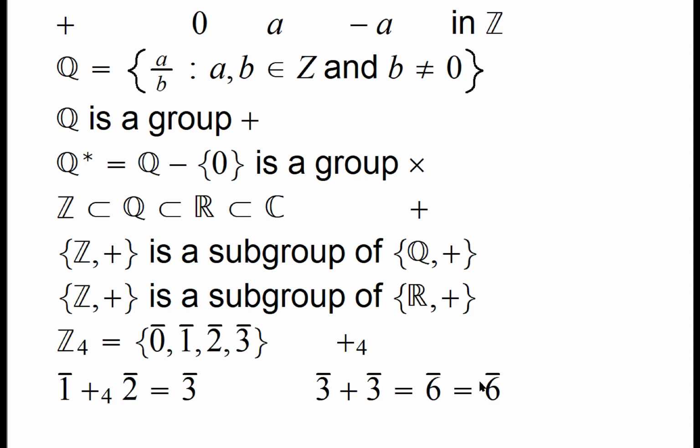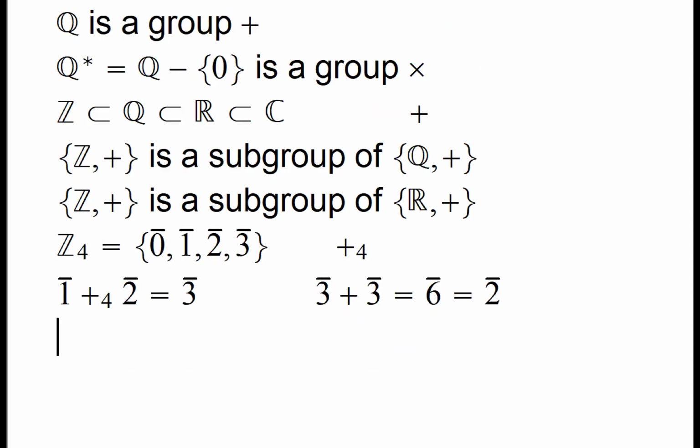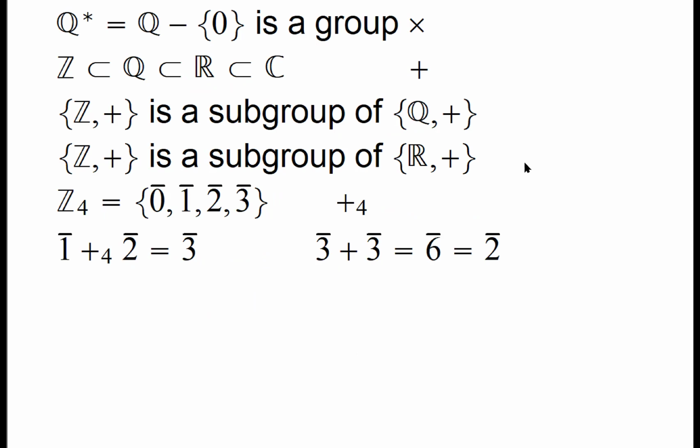So we just make it a 2, right? Okay, and soon we shall be dropping all these formalities here, that is writing subscript here and writing these bars, but let's not worry about it. So Z4 is a group, right?